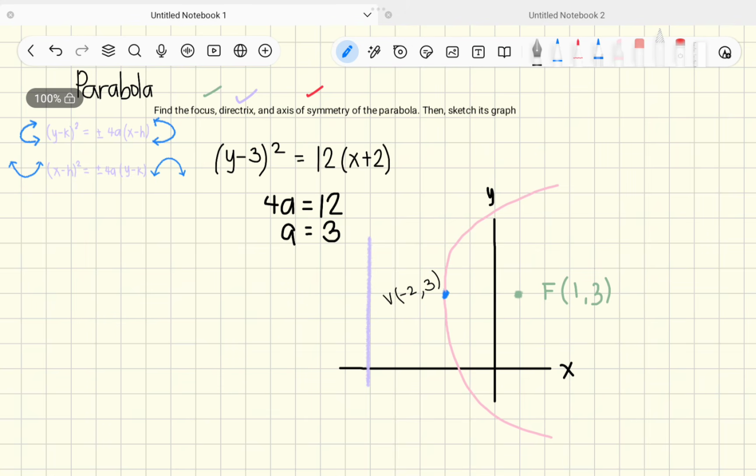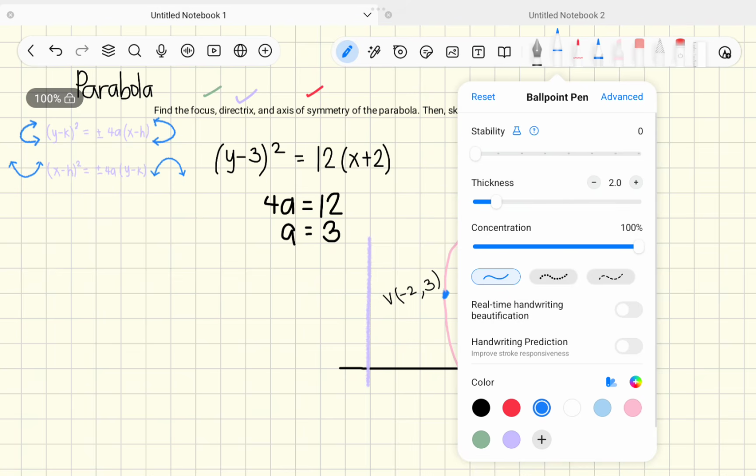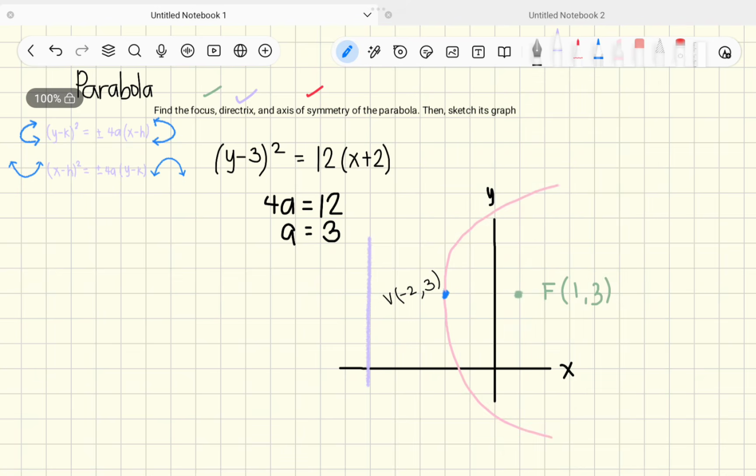So we look at here. So we have here 0. So negative 1, negative 2, negative 3, negative 4, negative 5. Your directrix passes through x equals negative 5. So the equation will be x = −5.